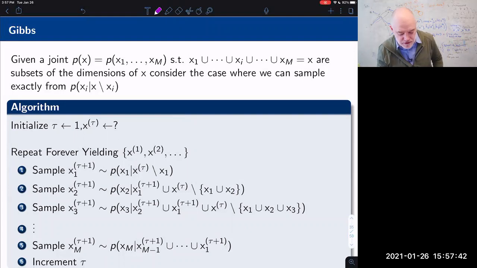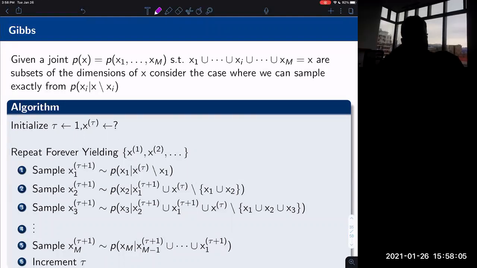There are subsets of the dimensions of x, and this is the explicit definition of Gibbs sampling, and this is very much what you're doing in homework number 1. Let's consider the case where we can sample exactly from some conditional distribution, xi, given all the values of all the other variables except for xi.